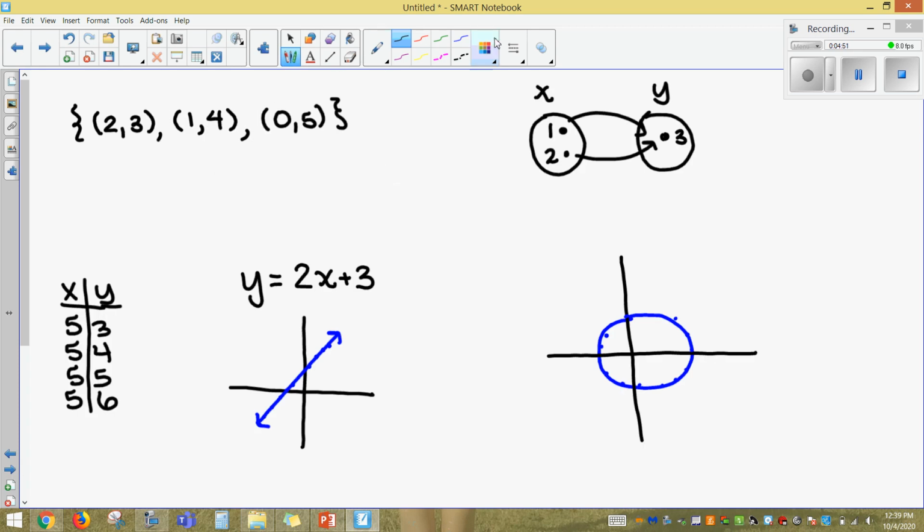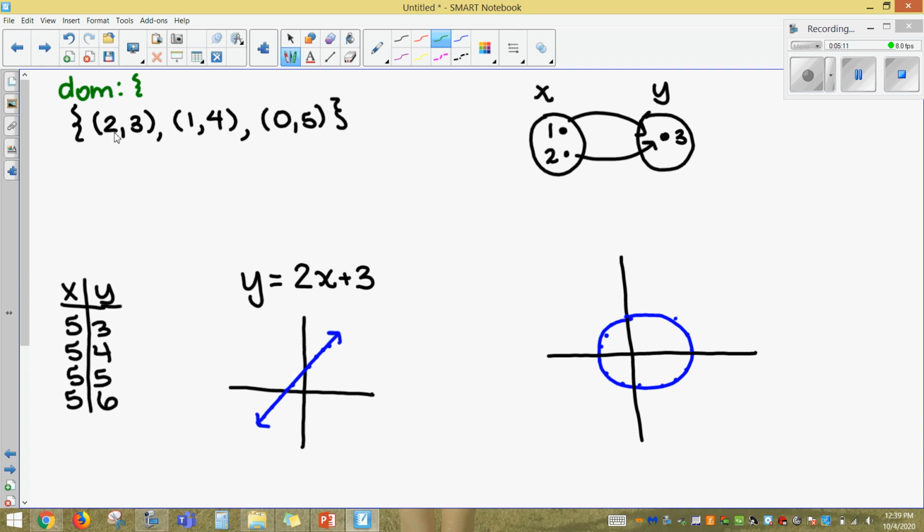So if we are looking at any of these relations here, maybe we'll go green for the domain. If I'm asked to give the domain of any of these 5 relations, we will, for the first 3, just make a list. If we have a list, we make a list.